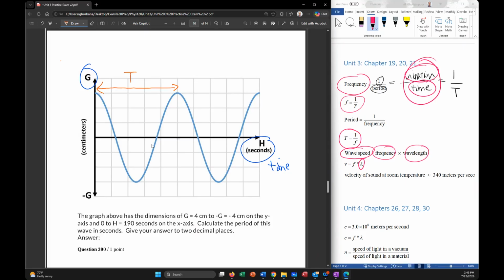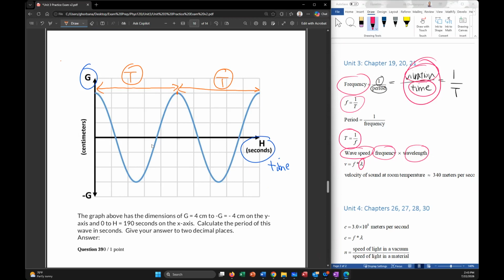How many crests do we have? 1, 2, 3. From one to another is one period, and from this to this is another period. So this graph represents 2 periods of time.